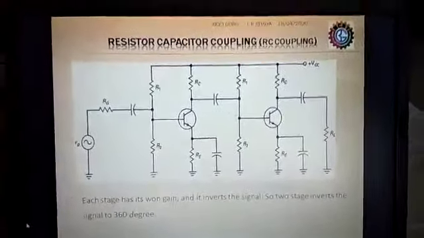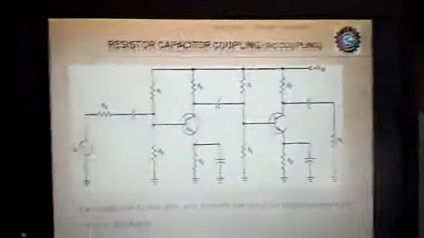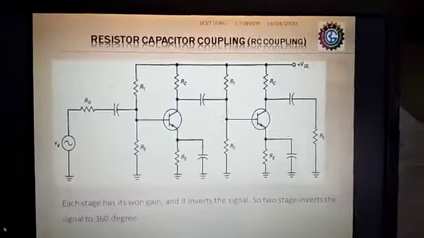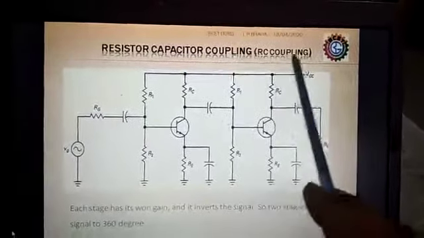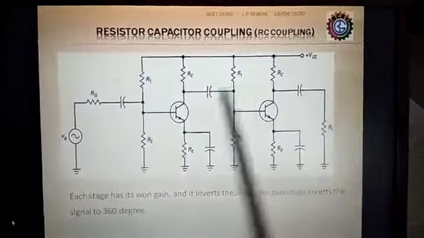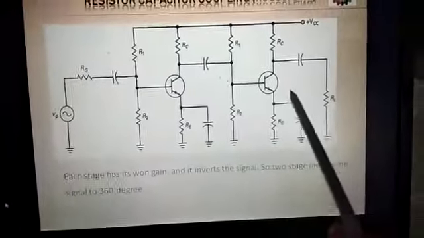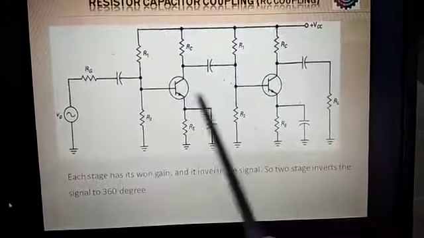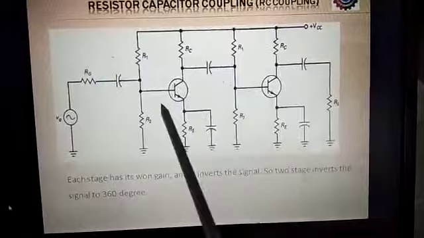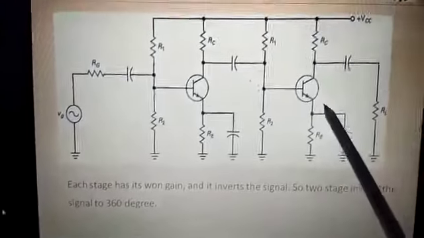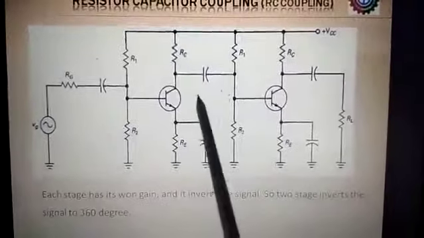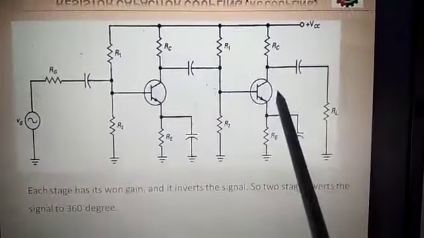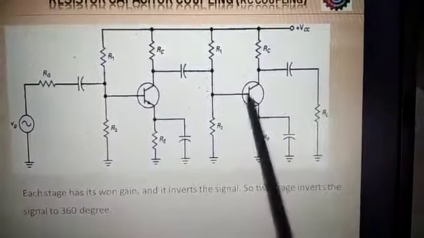Now we will go to the two-stage amplifier. This is resistor capacitor coupling, called the RC coupled amplifier. These are the two stages shown here. This is CE followed by CE, common emitter followed by common emitter. Each stage has its own gain and it inverts the signal.